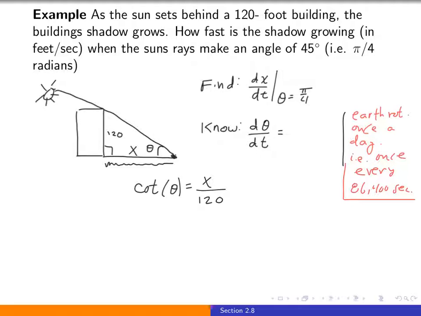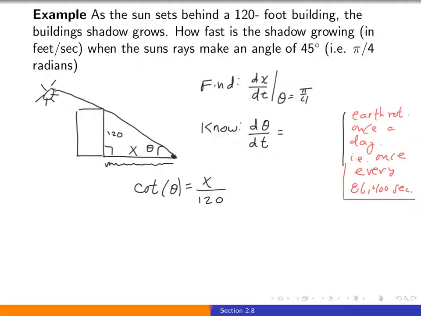How would you get that? You would take 1 day times 24 hours times 60 minutes per hour times 60 seconds per minute. And that will give you the 86,400.